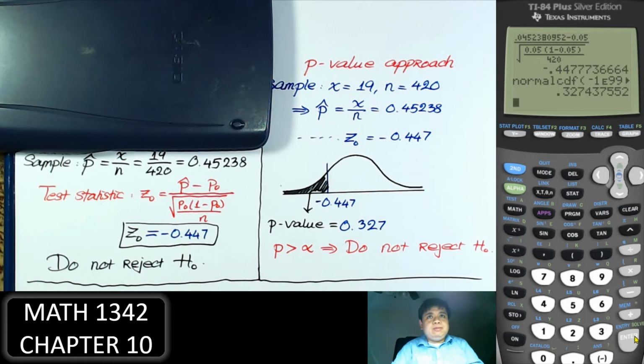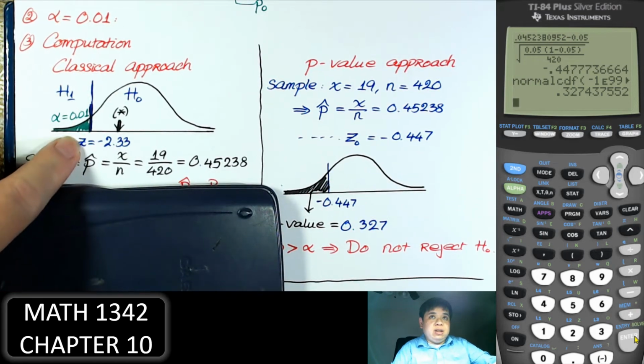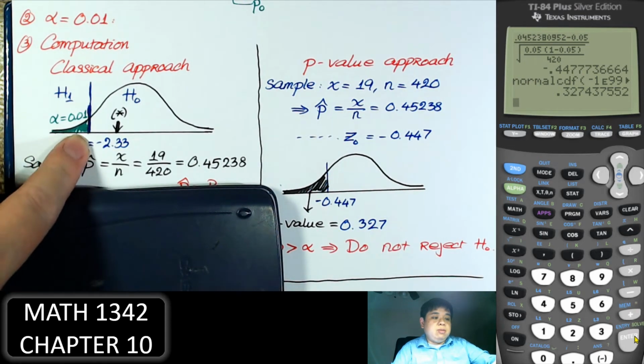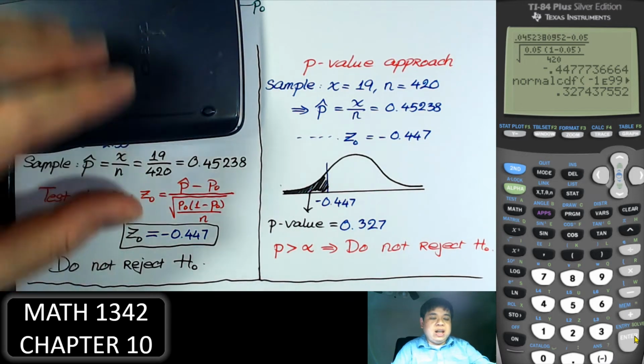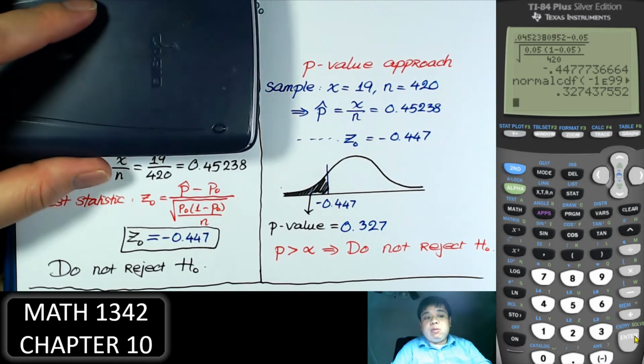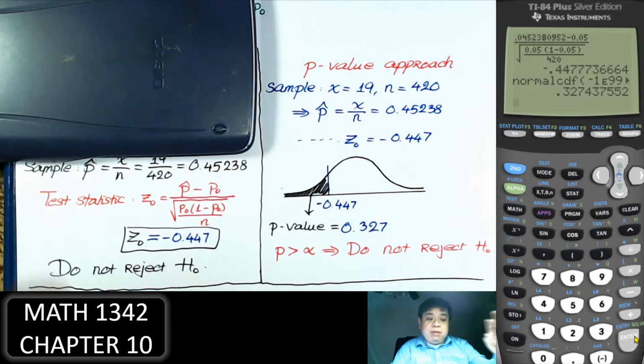So the difference between the p-values approach and the classical approach is that in the classical approach we use alpha to calculate the critical values, and then compare the test statistic with them. In the p-values approach, we do not find critical values based on alpha, we just keep the alpha.